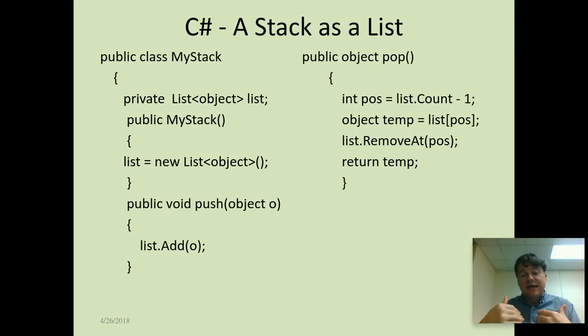Also, it is the case that the stack can overflow. Remember what I meant by that? If you have a limit on how much stuff you can stick in there, which in the case of my array, it was set to be 10 and I tried to insert the 11th thing, that's a stack overflow. In the case of the execution stack, you have a set amount of memory in your machine. Actually, you have a set amount of memory for your Java virtual machine or your C#.